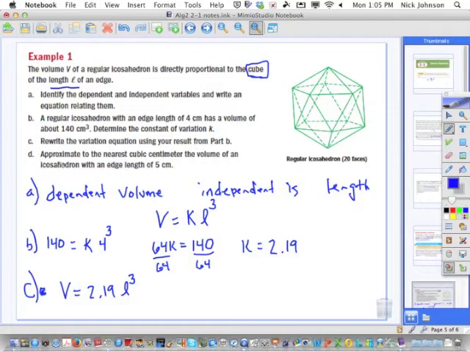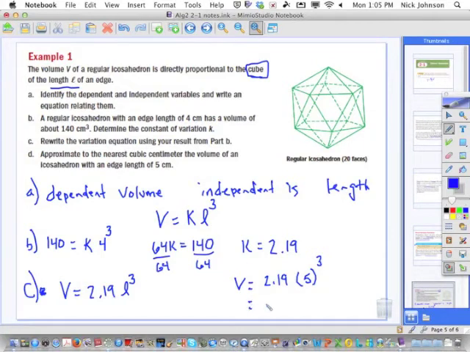D says approximate to the nearest cubic centimeter the volume of an icosahedron with an edge length of 5 centimeters. Okay, so all I have to do is put 5 in for L. And so 5 times 5 times 5 is 125 times 2.19.